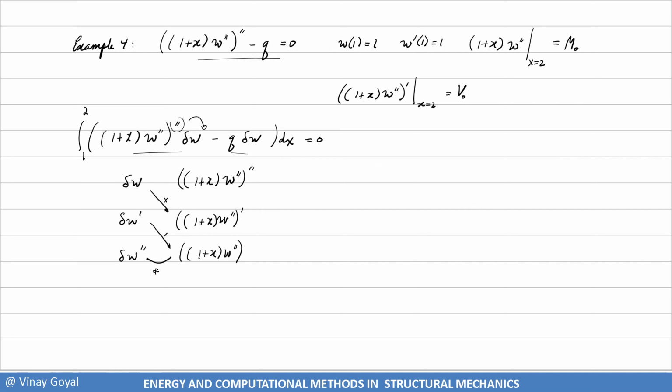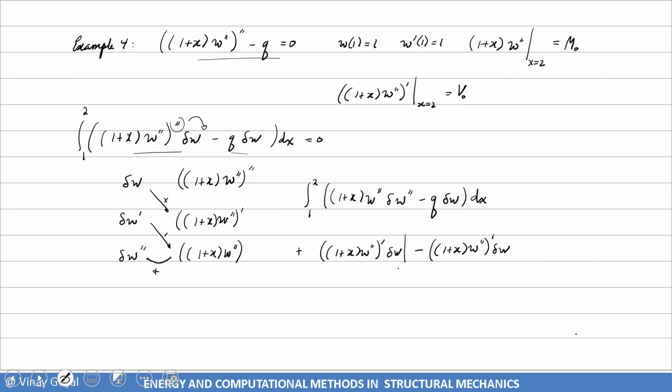And so now I have this like that. And I'll write all the boundary terms one by one, which will be a lot of them. Plus this is at 2.